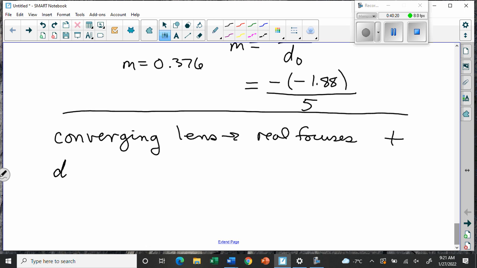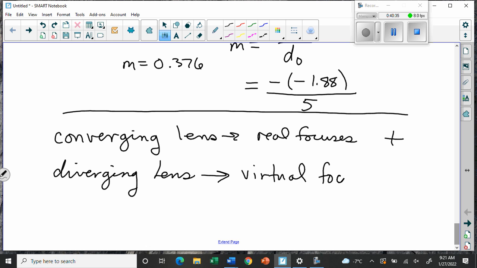In a diverging lens, we have virtual focuses. There's no way a diverging lens can actually focus real light. You can only find a focus by extending the light sort of backwards. And therefore, focuses should be negative for all diverging lenses.